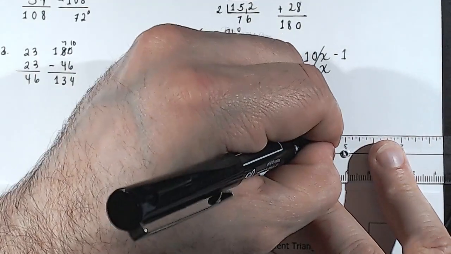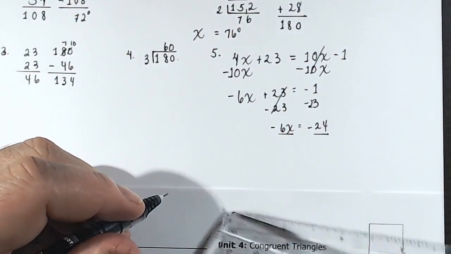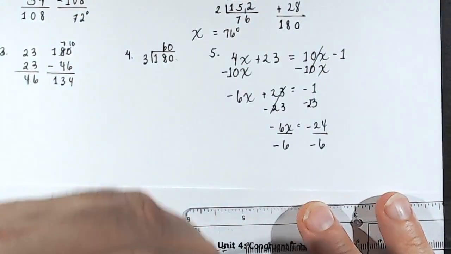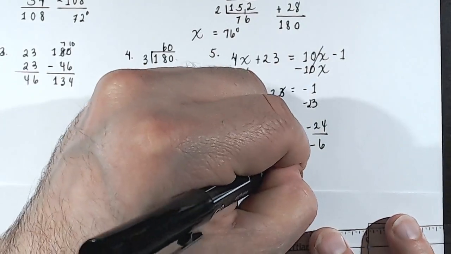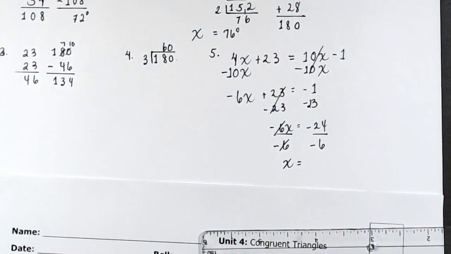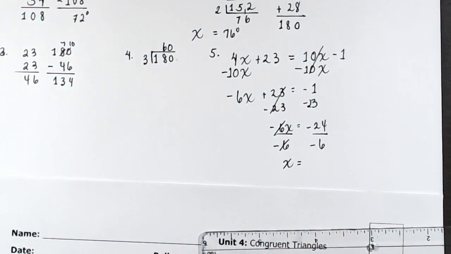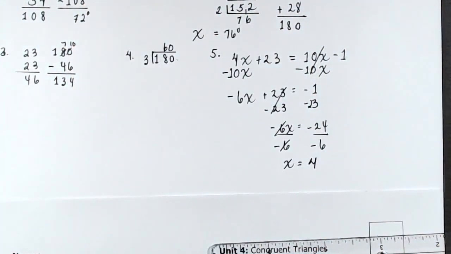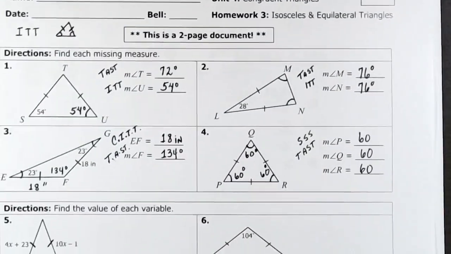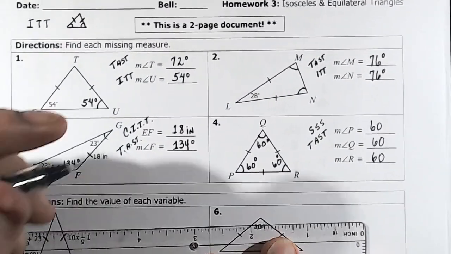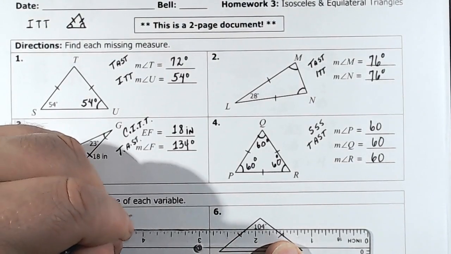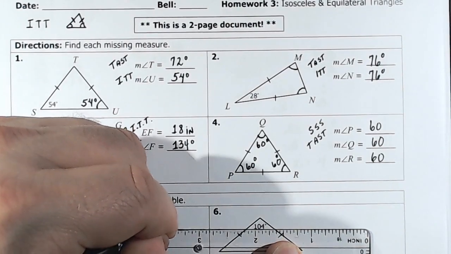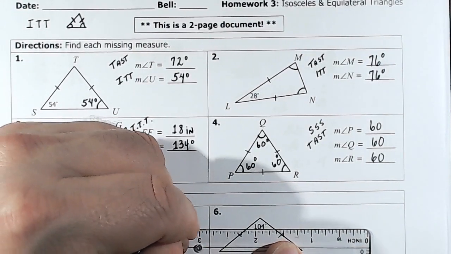And if we divide both sides by the x coefficient, which is negative 6, we find that x is equal to negative 24 divided by negative 6. Well, a negative divided by a negative is a positive, and 24 divided by 6 is 4. So x equals 4. So we write x equals 4 by the converse of the isosceles triangle theorem.